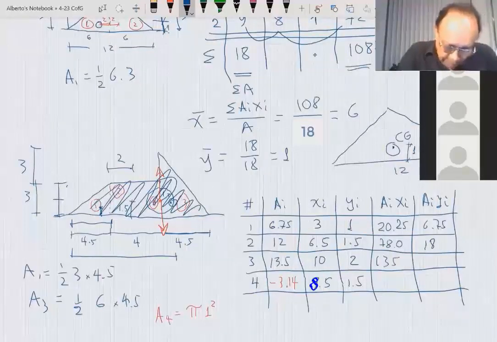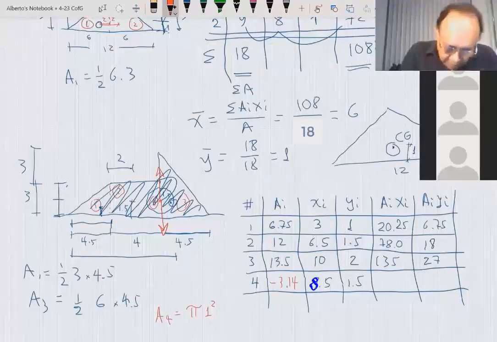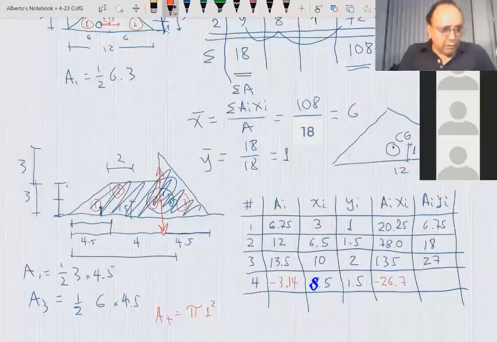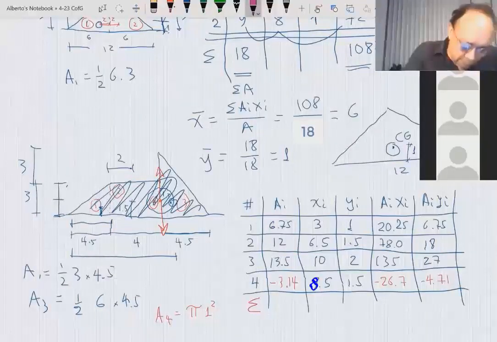And 13.5 times 2 is 27. Minus 3.14 times 9.5 is minus 26.7. And 3.14 times 1.5 is minus 4.71. So you just have to make the summations here.